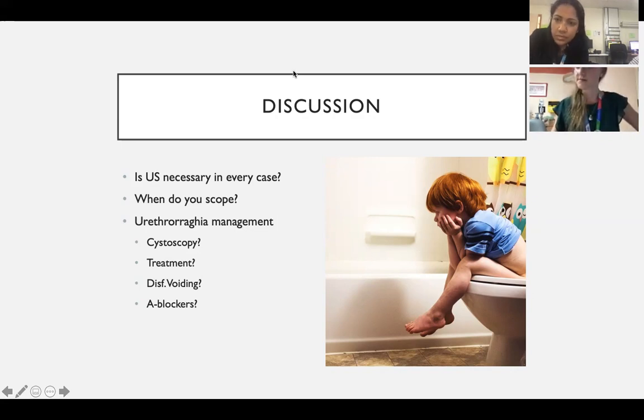But typically, the appearance when one does scope is believed to be a very friable-looking set of microcapillaries at the posterior urethra level, so that the turbulence of urine passing through this area causes them to be somewhat friable and open up to some bleeding, not enough that you would see.